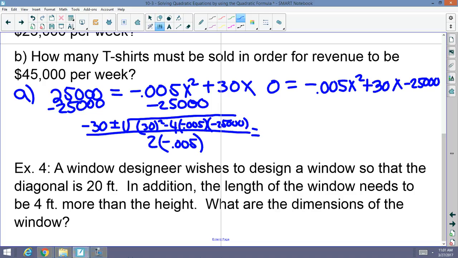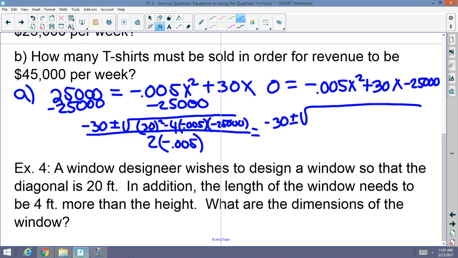So this is going to give me negative 30 plus or minus the square root of 30 squared minus 4 times negative 0.005 times negative 25,000.